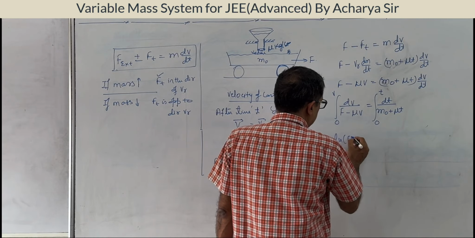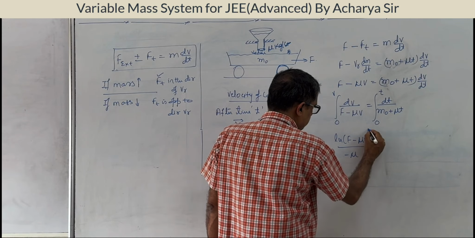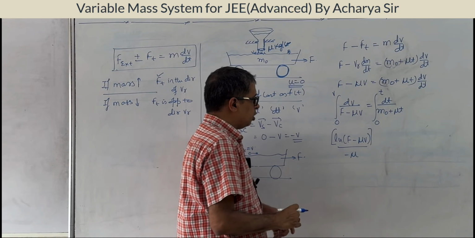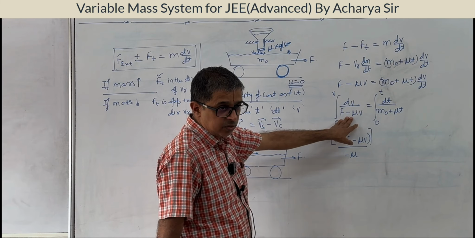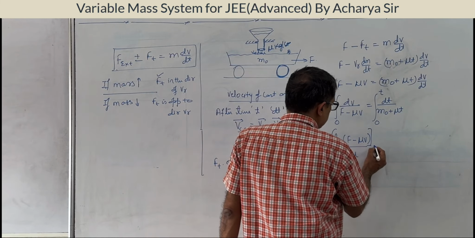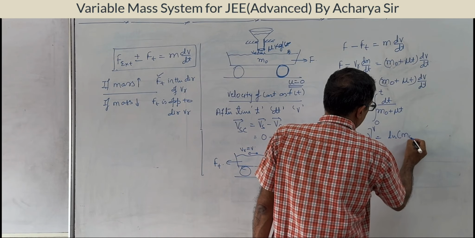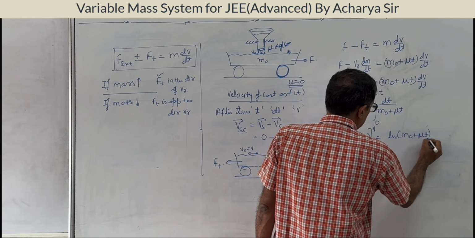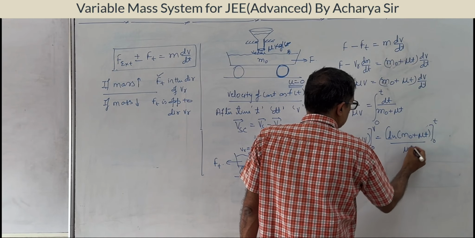Ln f minus mu v upon minus mu. I'm damn sure you people know the integration of integral dx upon a minus bx. This is 0 to v, equal to ln of m naught plus mu t upon mu, from 0 to t.